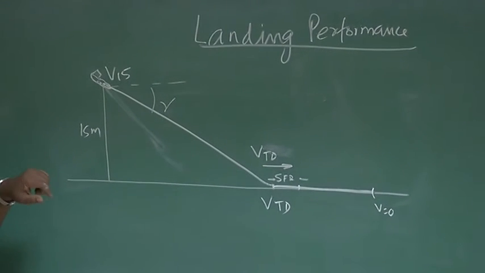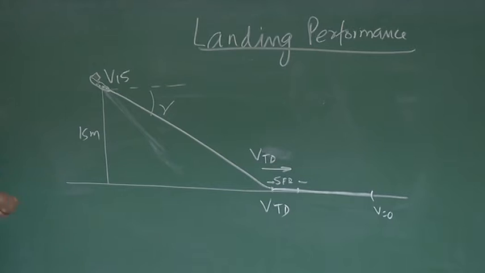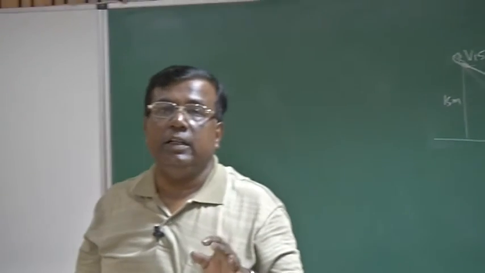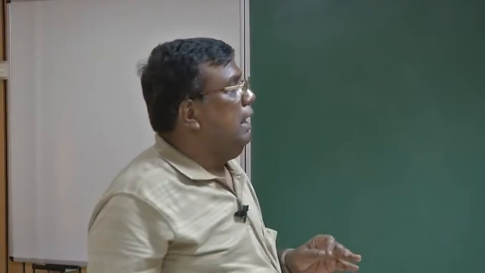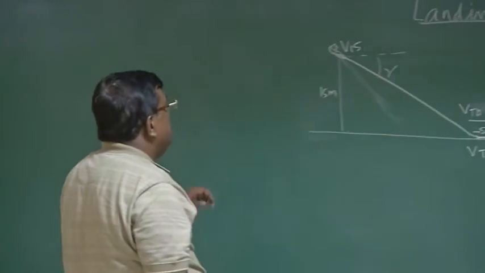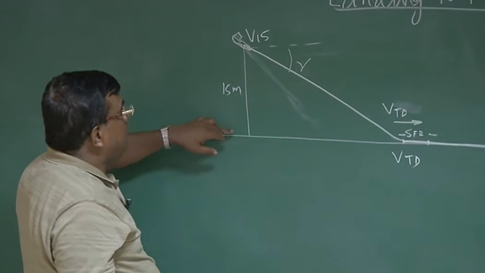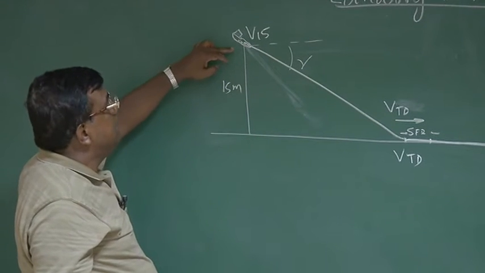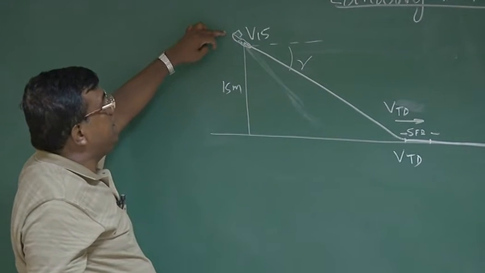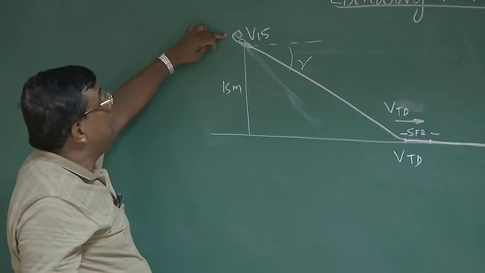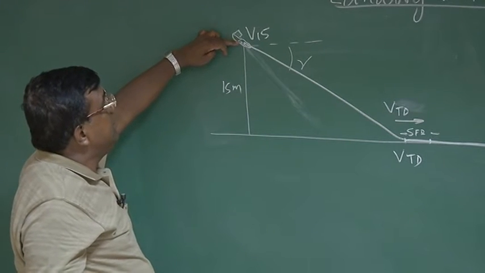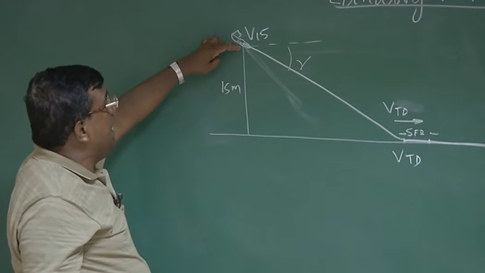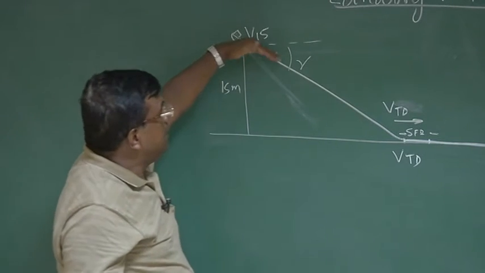But as per regulation, you have to give specific numbers, a specific guideline for the pilot. As per that guideline, we start talking about landing performance when the pilot has ensured that the airplane is in the approach at a height of 15 meters, comes like this.